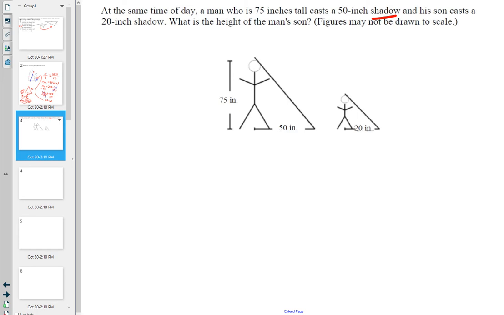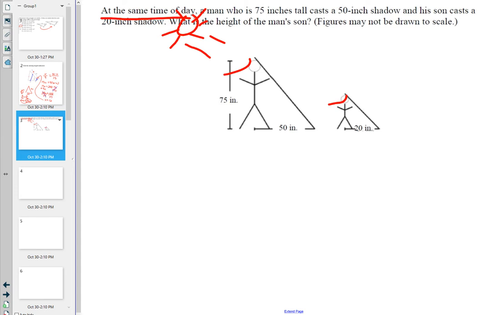The reason why these are similarity problems is think about it. The sun emits rays, and you'll always see these problems say at the same time of the day. They have to make that statement because as long as this is occurring at the same time of the day, the sun emits light and rays. Those rays would be traveling at the same angle, so we would have this angle be the same as this one.